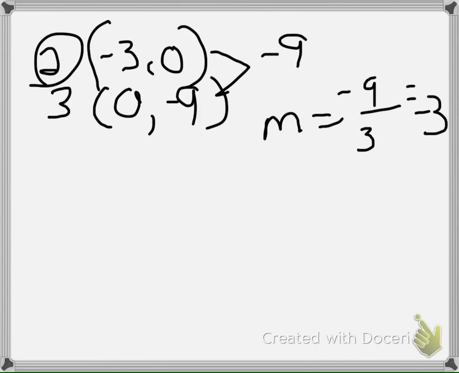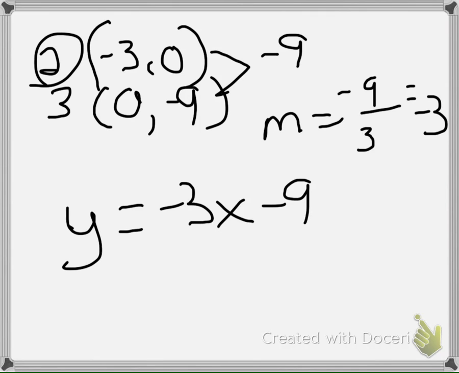Now, I don't have to solve for b, because b is always where the x is 0. Well, when x is 0 in this case, my y-intercept is negative 9. So that means the equation is y equals negative 3x minus 9. Done.